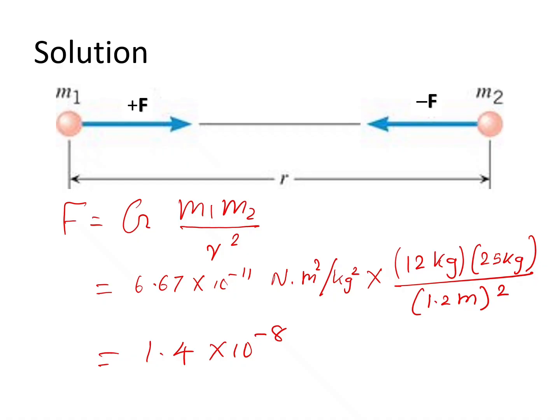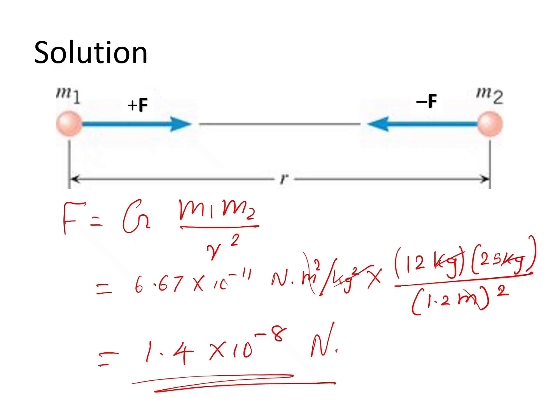We can see the meters squared cancel out, and then kilograms squared at the bottom cancel out with the two masses, leaving us with newtons, a unit of force. So the answer is 1.4 times 10 to the power minus 8 newtons.